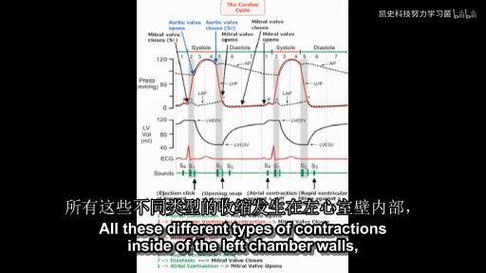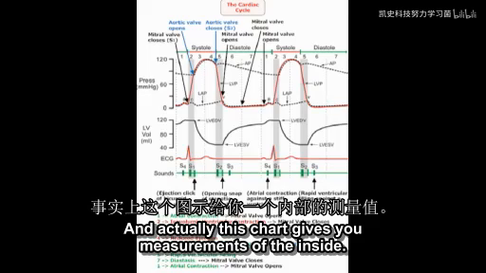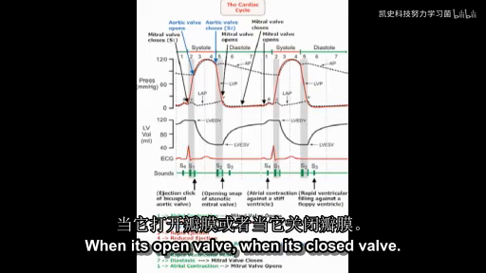All these different kinds of contraction inside of the left chamber wall, isotonic and isometric, have different levels. And this chart gives you the measurements: when it starts it's like 70, 80, 60, when the valve is open, when it's closed.